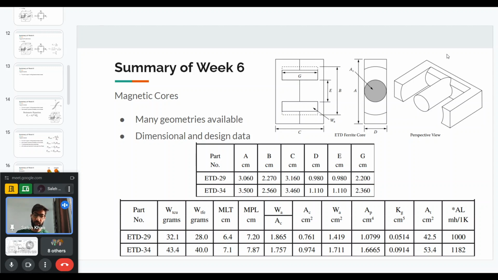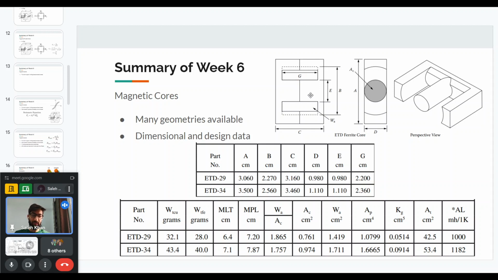For example, here I've shown an ETD core. It is called ETD because it looks like the letter E of the English alphabet, and the middle leg is circular instead of rectangular.